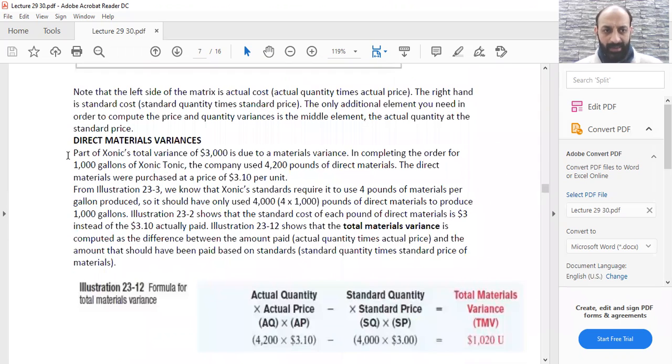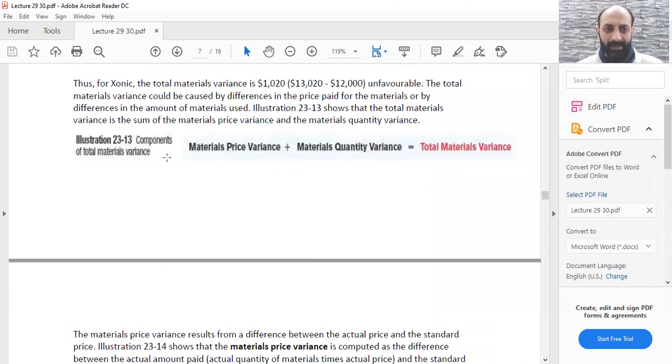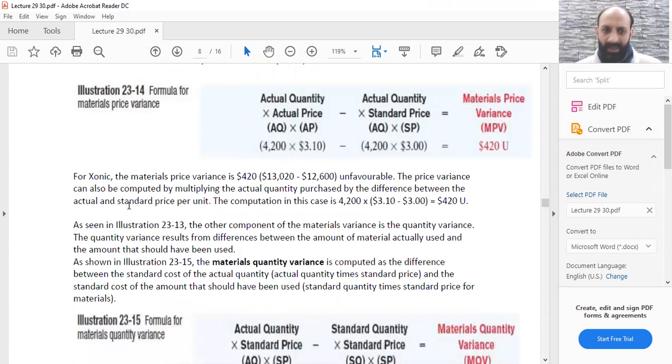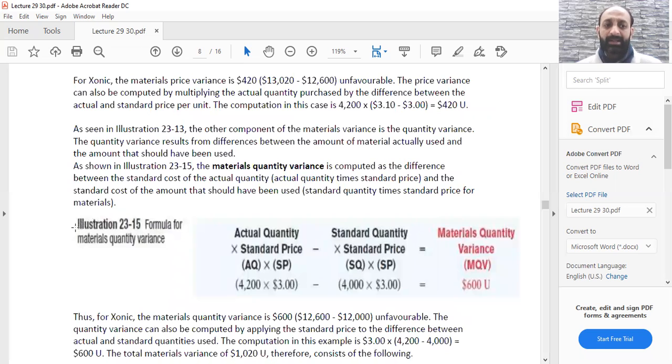Now, let's discuss the direct material variance in detail. We already know that the direct material variance can be because of two factors. One factor is the difference in the price, and the other factor is the difference in the quantity that was used.